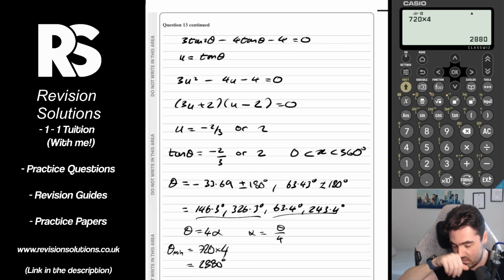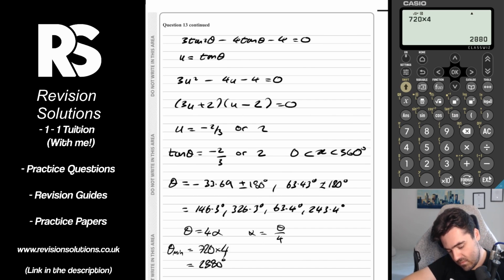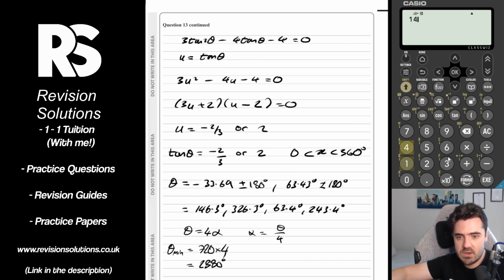So let's just do it. If we start with the 146.3, we'll get to the first solution that goes past 2,880. This one's divided by 10, so that's quite nice. We can just move the decimal point one over. So if I keep going up, we're going to need to get to 2,000. There we go. 2,846.3, and then one more.